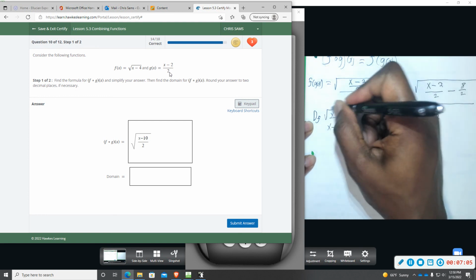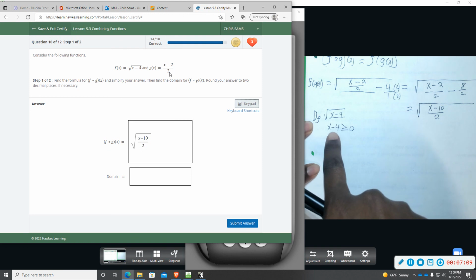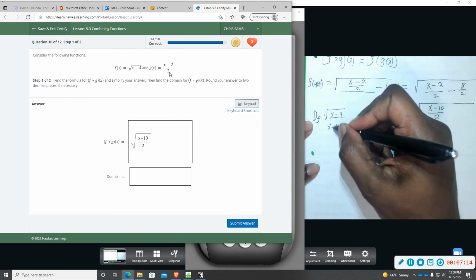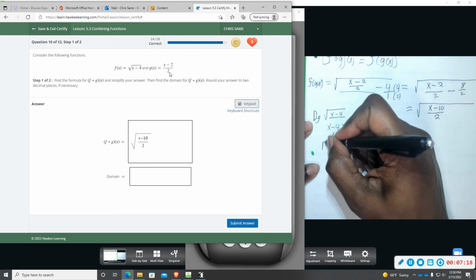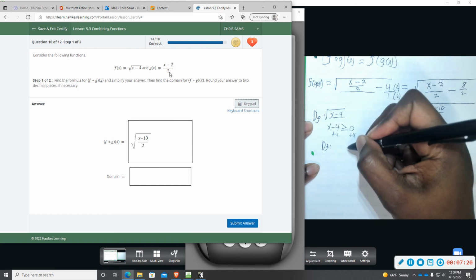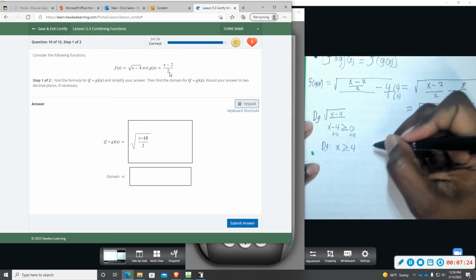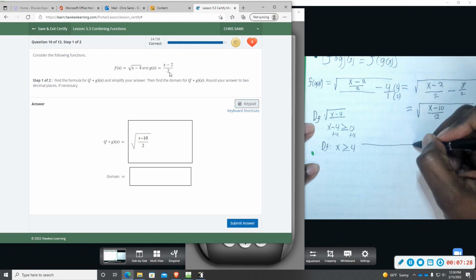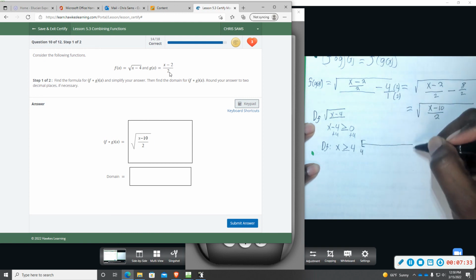You always do greater than or equal to 0 for whatever's under the root, because you cannot take the root of a negative. When you solve for x, you add 4 to both sides, and so the domain of f is x greater than or equal to 4. On a number line, say this is 4, and this goes to infinity.